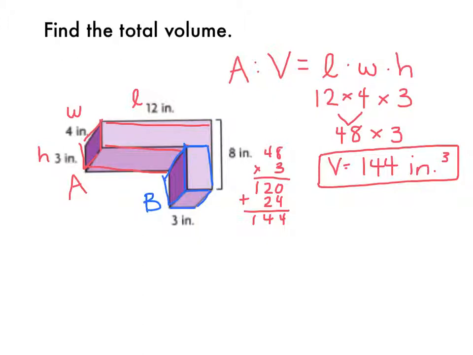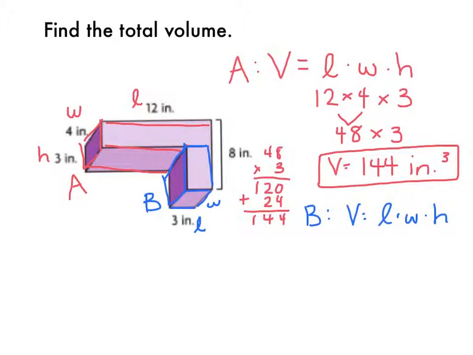So I need to identify the length, width, and height of shape B. Well, I see that right here the length is 3. Okay. I see that the width is this piece right here, but I don't quite know how long that is.